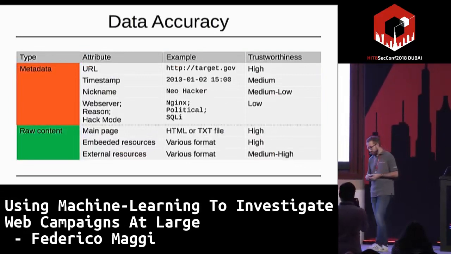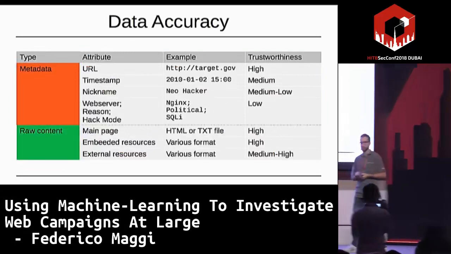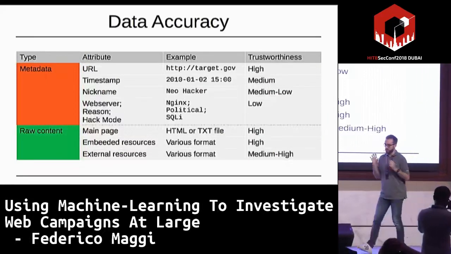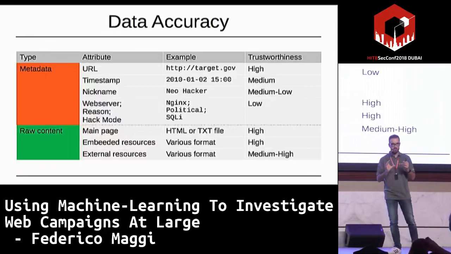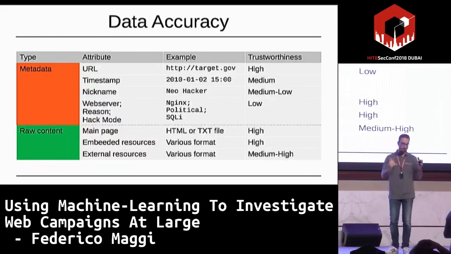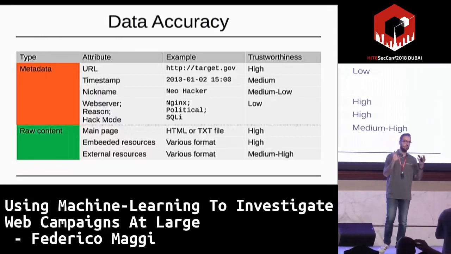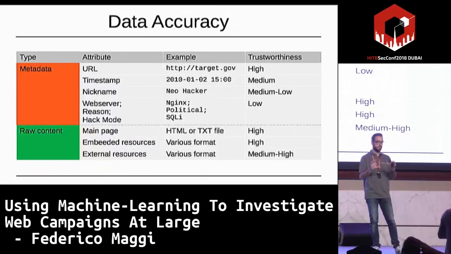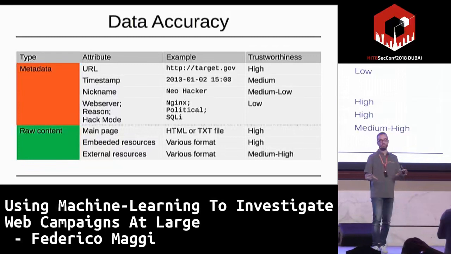So I want to spend a couple of words talking about data accuracy, right? You can immediately understand that, in these two broad groups, what's most accurate is the actual content, right? The attackers cannot lie about the content.